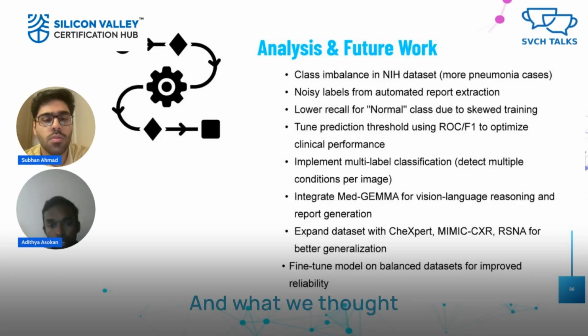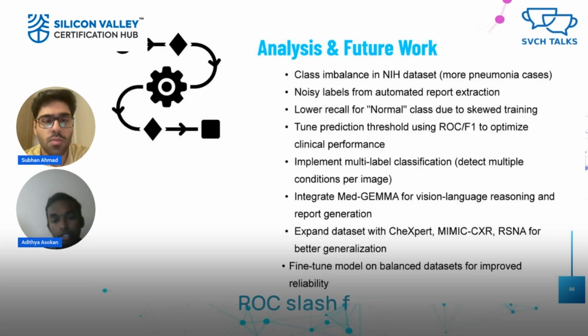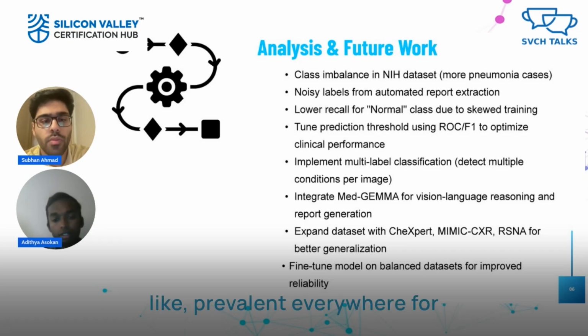And what we thought is maybe we could tune the prediction threshold using the ROC and F1 score to optimize clinical performance. Later on, maybe we're thinking of not sticking with just pneumonia and normal, and also looking at other diseases which are prevalent everywhere, maybe like COVID-19.